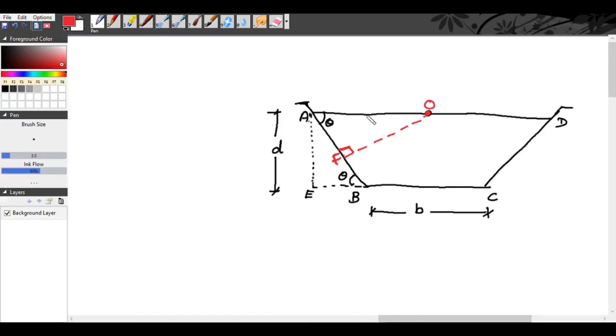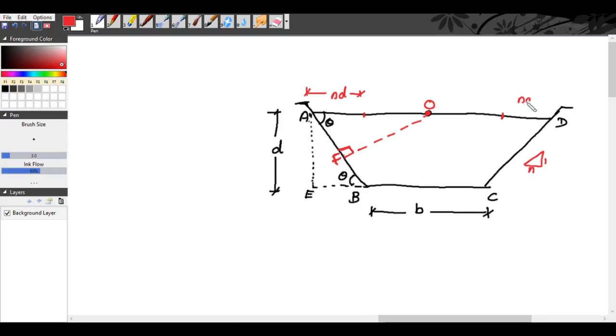So as we all know, this is nd, right? If we are taking one vertical to n horizontal, let us take the slope as 1 vertical to n horizontal.